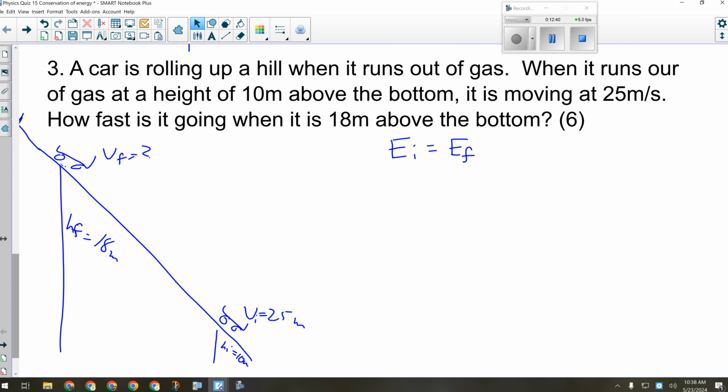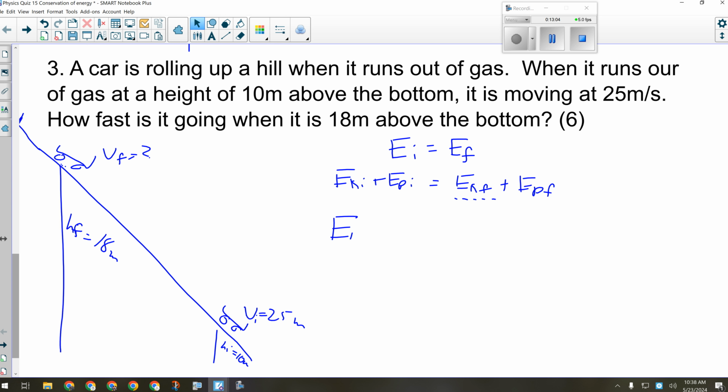Okay, so we've got EK initial plus EP initial equals EK final plus EP final, right? What I'm looking for is part of EK final. I want to know the final speed of the car, right? So what do I have to do with EP final? Subtract it over to the other side.